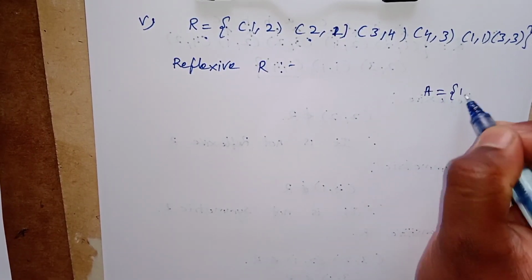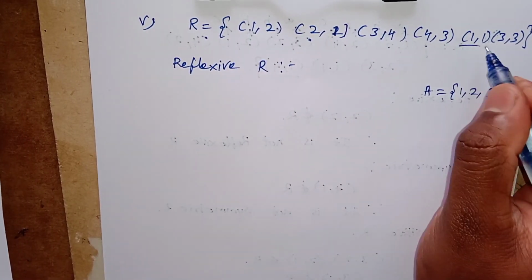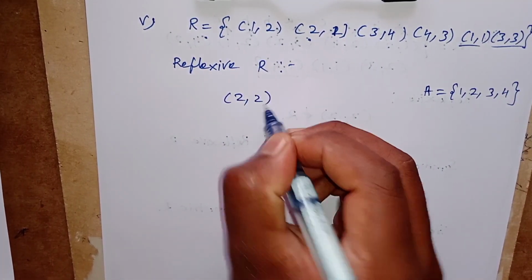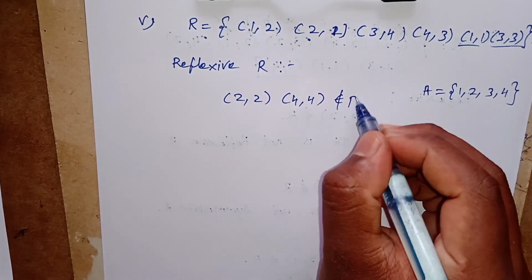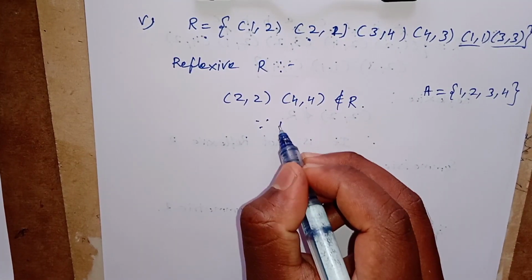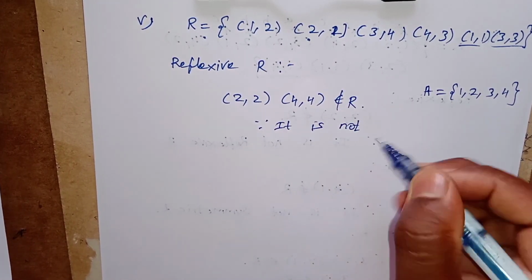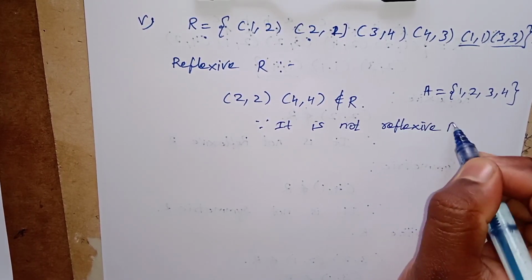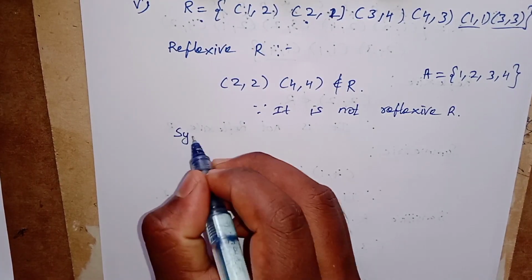Okay, but I only have 1 comma 1, 3 comma 3, therefore 2 comma 2, 4 comma 4 do not belong to R, therefore here it is not a reflexive relation.